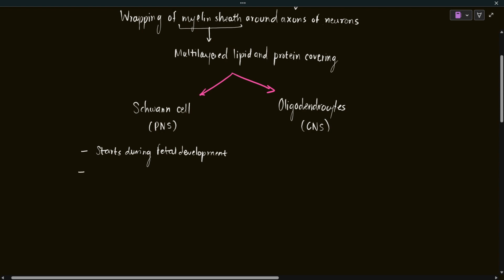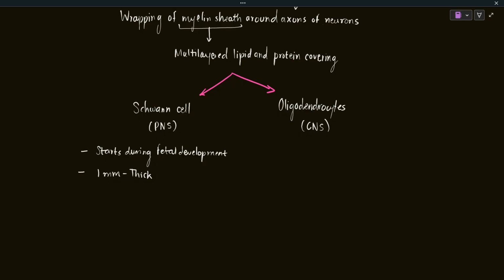There's a step-by-step mechanism by which Schwann cells form the myelin sheath. The Schwann cell wraps itself around the axon, and that wrapping is about 1 millimeter thick. Okay, so the myelin sheath formed around the axons of the PNS is about 1 millimeter thick.